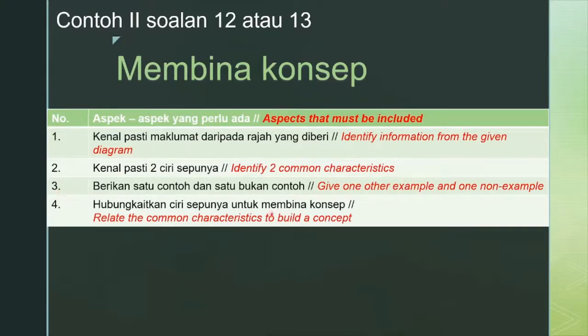The third aspect, give 1 other example and 1 non-example. Aspek yang ketiga, berikan 1 contoh dan 1 bukan contoh. Sekurang-kurangnya 1. And aspek yang keempat, hubung kaitkan ciri sepunya untuk membina konsep. The fourth aspect is to relate the common characteristics to build a concept.